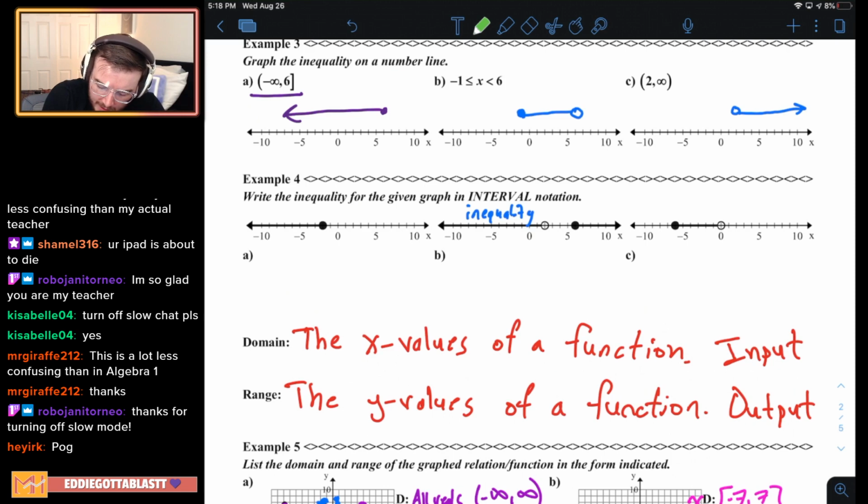So where are we starting at? -2, right? So I'm including -2 and going off clear to negative infinity. Boom. I'm using a bracket because it's included. How would I express this as an inequality? Those numbers are getting smaller. In other words, less. So less than -2, but I'm including the -2, so less than or equal to.